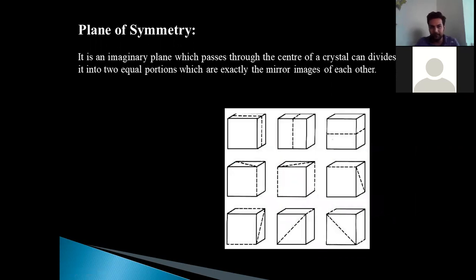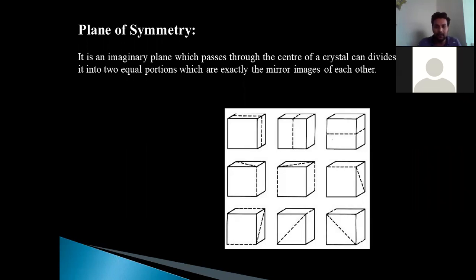Plane of symmetry. It is an imaginary plane which passes through the center of a crystal and can divide it into two equal portions, which are exactly the mirror image of each other. Of course, this is another element of symmetry: if you divide a crystal with the help of an imaginary plane and the resultant two halves are mirror images of each other, then that plane will be termed the plane of symmetry.